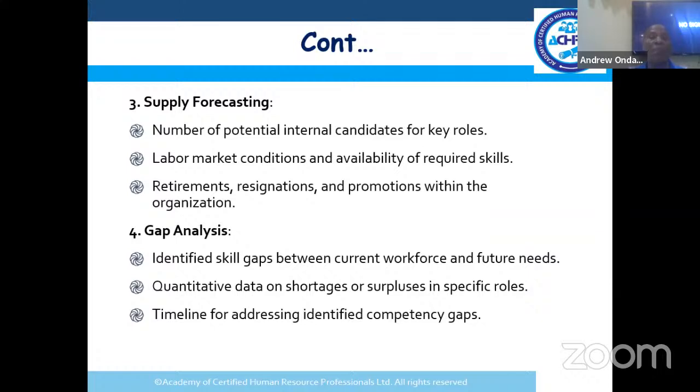Secondly, we look at the labor market conditions and how available these people are. Currently, as we speak, the market is moving towards technology.